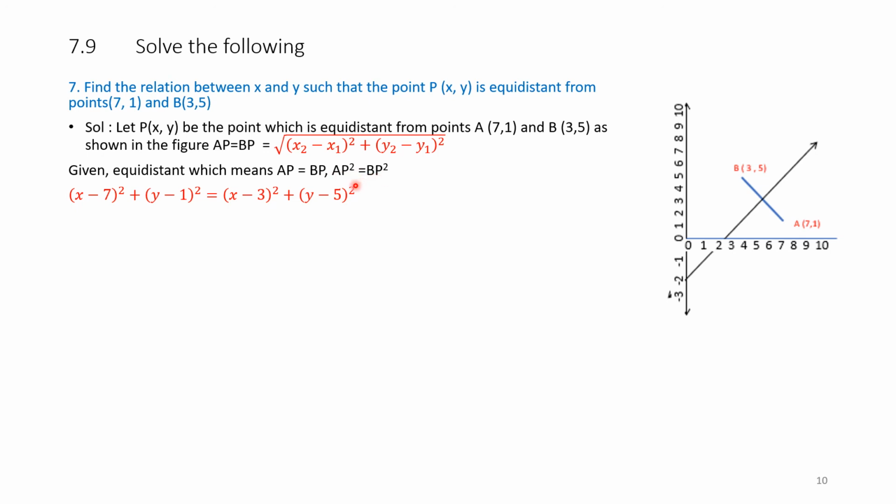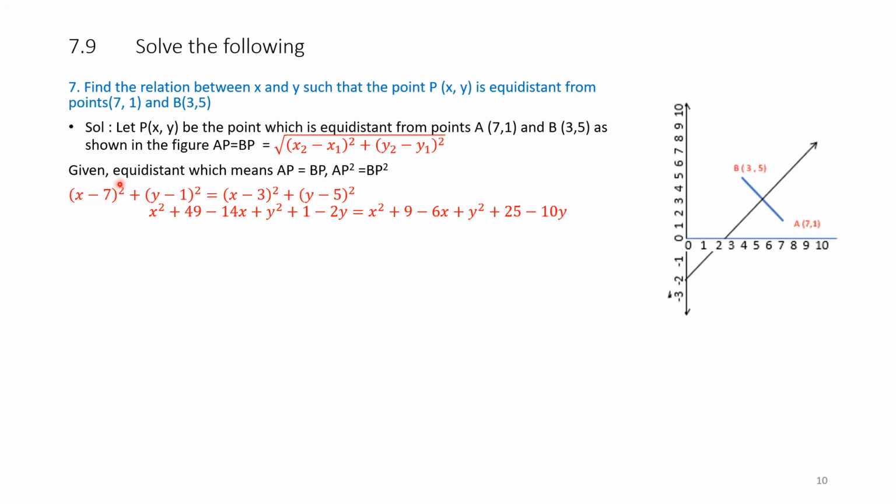Therefore, AP square is equal to, if P is (x, y) and A is (7, 1), then x minus 7 whole square plus y minus 1 whole square, that is AP square, equals x minus 3 whole square plus y minus 5 whole square. That is the distance formula we are using. Hence, we have to prove that.